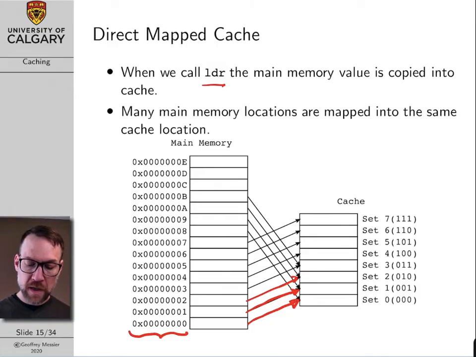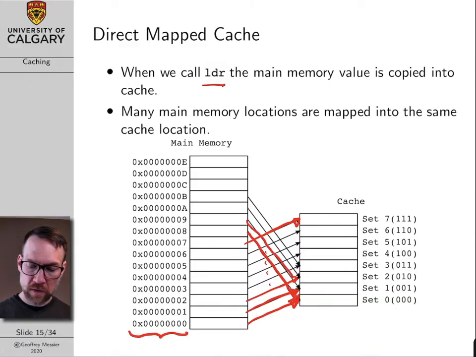So the first 8 words in main memory map into the first 8 locations in the cache, which hopefully makes a little bit of sense. And then basically what happens is we just wrap around. Once we reach the end of our cache, the next location in main memory just maps back to the first cache position.